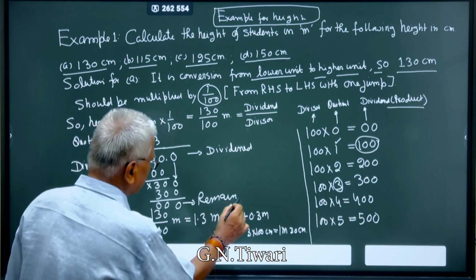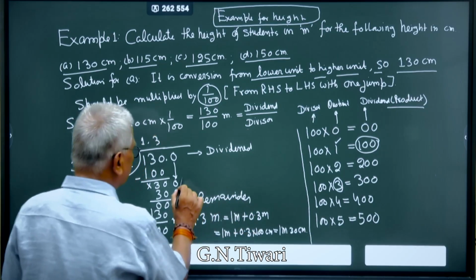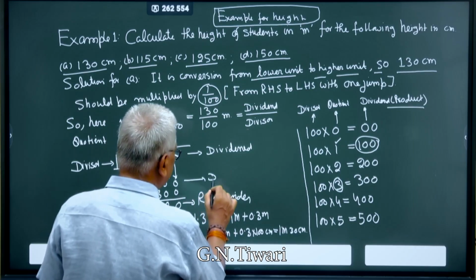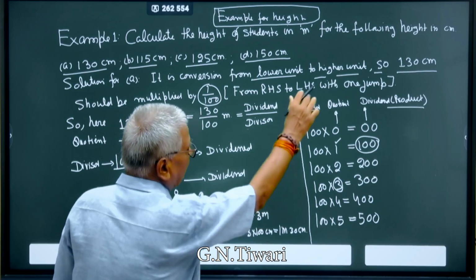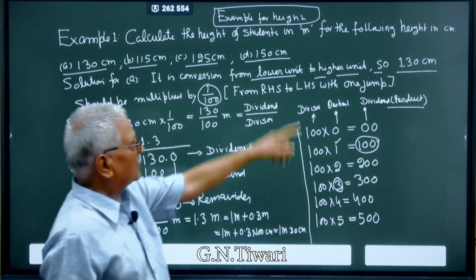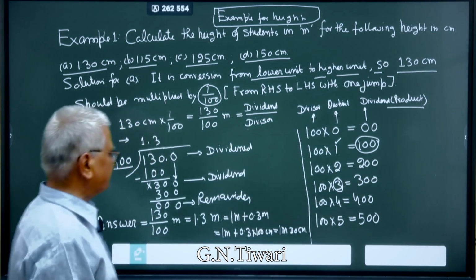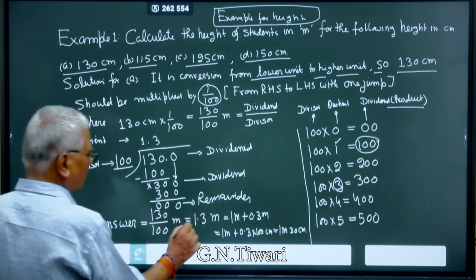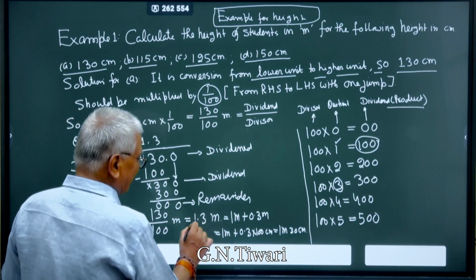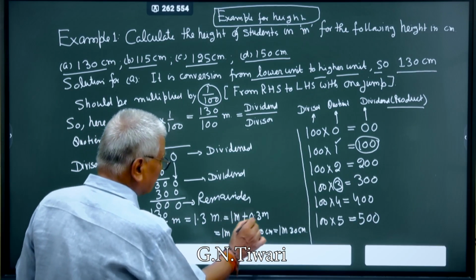In division, this term is always the dividend. For simplification, I have written all these things: divisor, quotient and dividend as well. So now the answer becomes 1.3 meter. It can be written as 1 meter plus 0.3 meter.